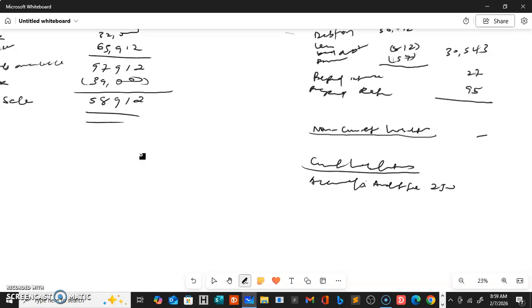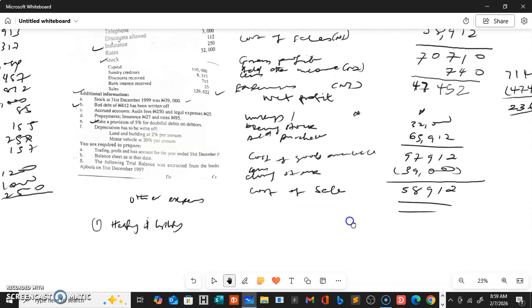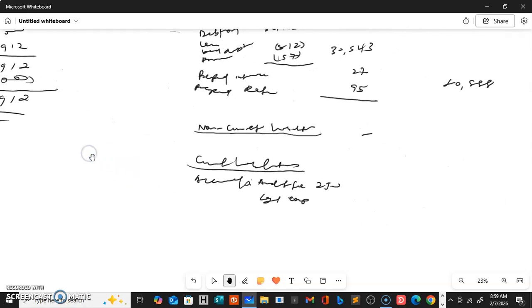We also have legal expenses. Let's check what's legal expenses. That's 25. So our total accrual is 275. So what else do we have?